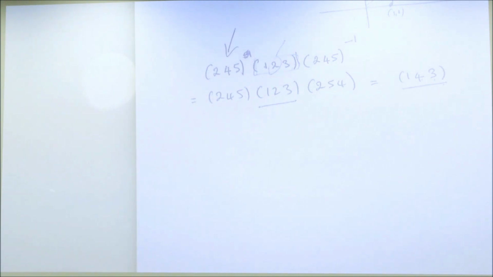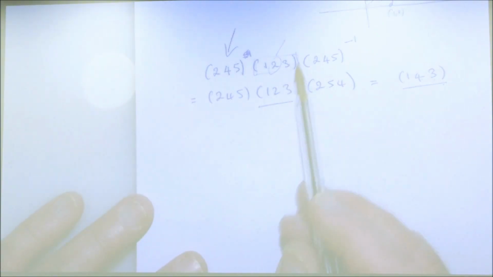So you run away and you check that that is not just an accident for 1, 2 and 3, it works for any cycle. And then once it works for any cycle, it will work for products of cycles. That's a straightforward algebraic consequence. So that tells you more than you asked.